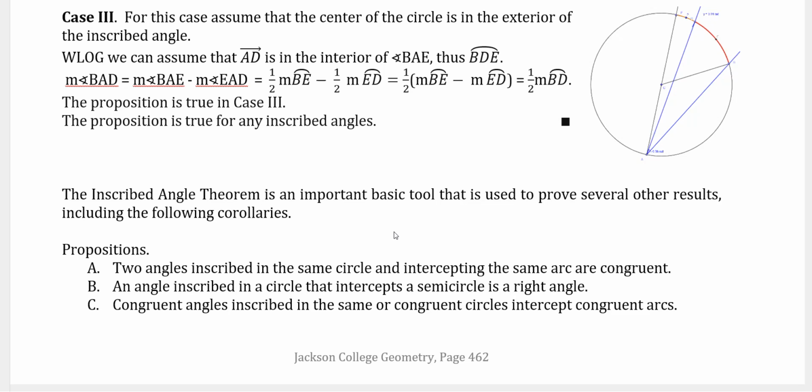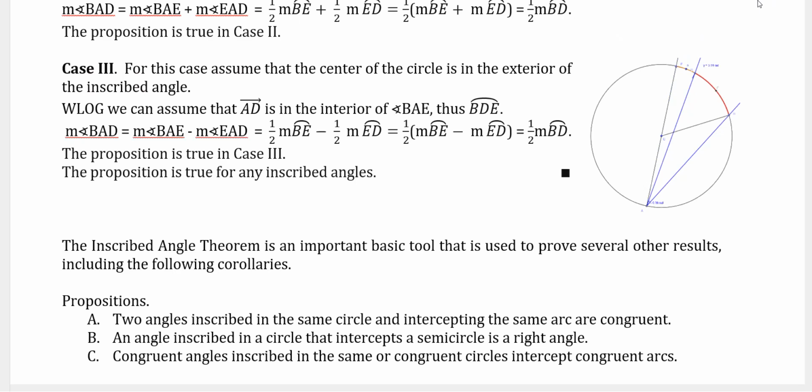Congruent angles inscribed in the same or congruent circles will turn out to intercept congruent arcs. That's the converse of that, and that's also true as well. So this inscribed angle theorem turns out to be a pretty useful result for doing other things when we're working with circles.